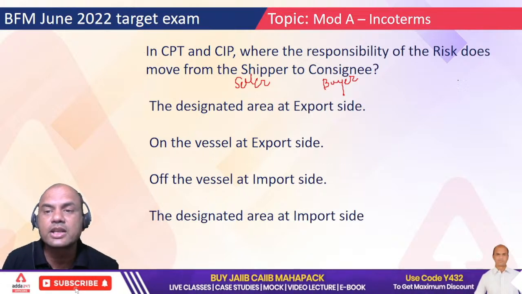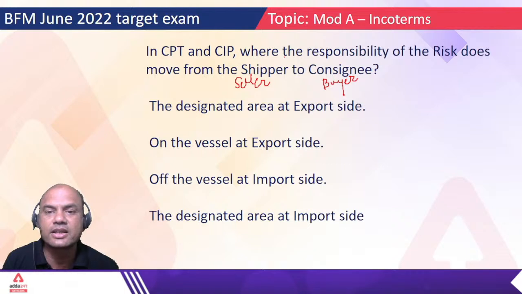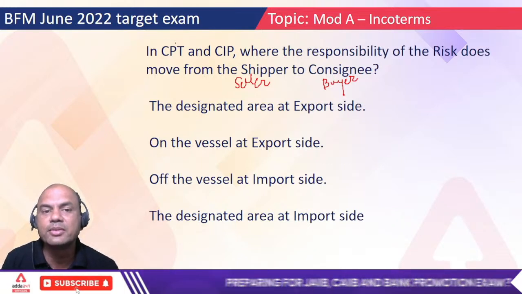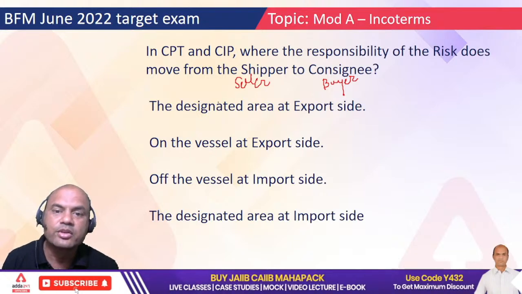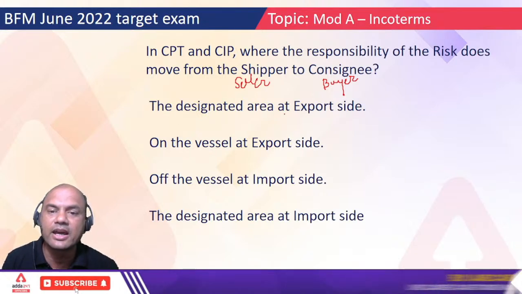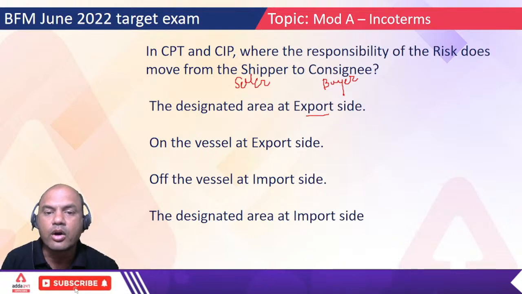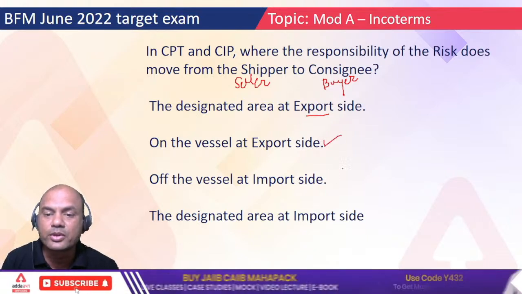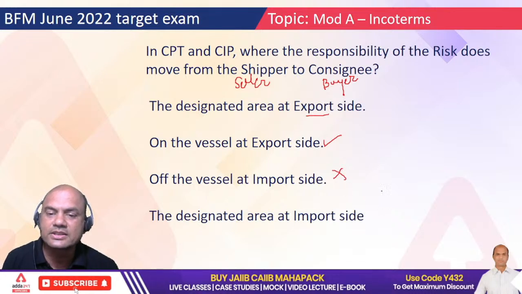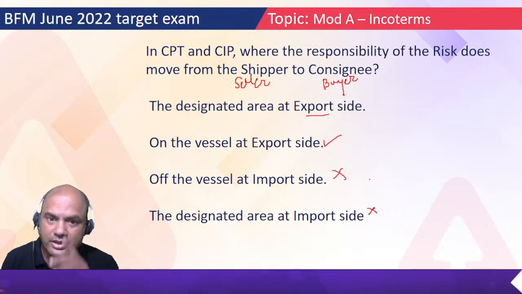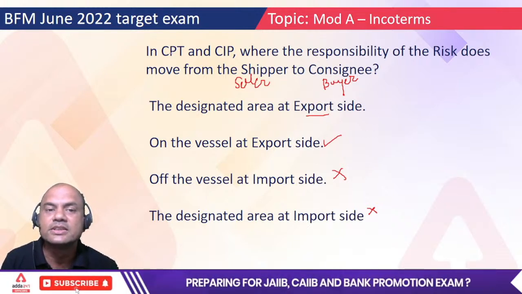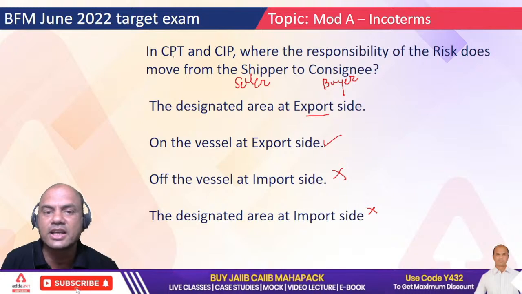So where does the risk shift from seller to buyer? CPT means carriage paid to. Is it the designated area on the export side, the vessel on the export side, or the import side? CPT is similar to CFR, and CIP is similar to CIF, right?